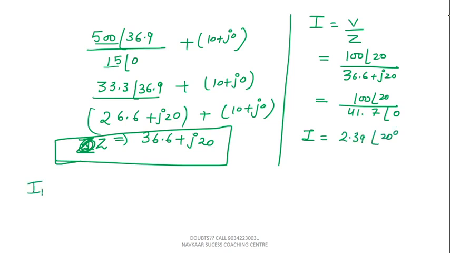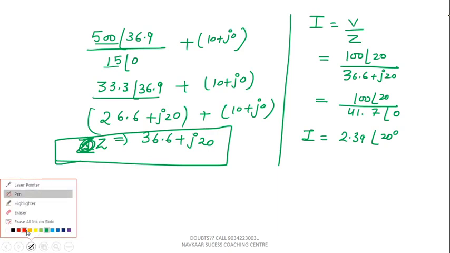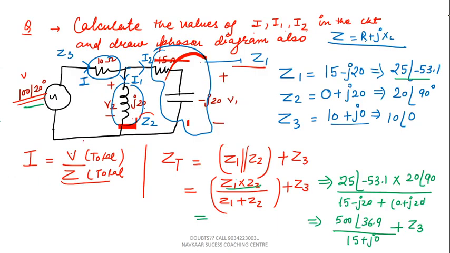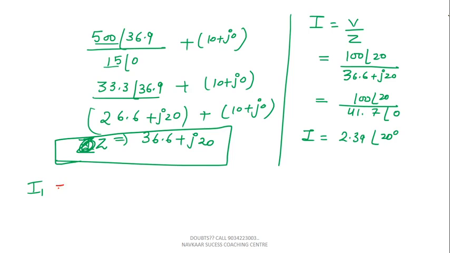Now our focus is to calculate I1. I hope you know the current division rule. I1 would be equal to the total current multiplied by the opposite resistance, divided by the sum of the resistances connected in parallel. So I1 equals I times Z2 divided by Z1 plus Z2.